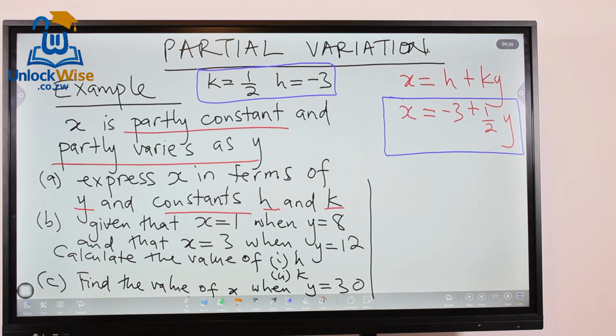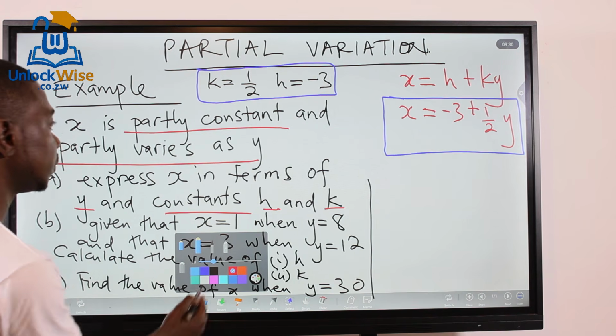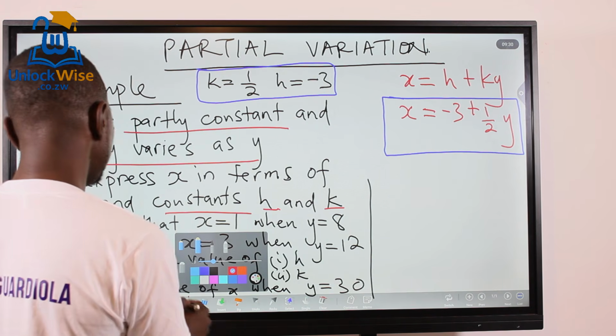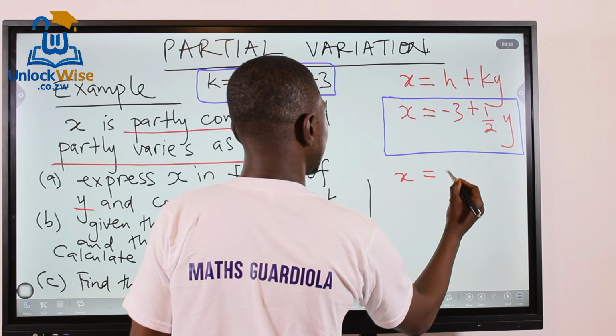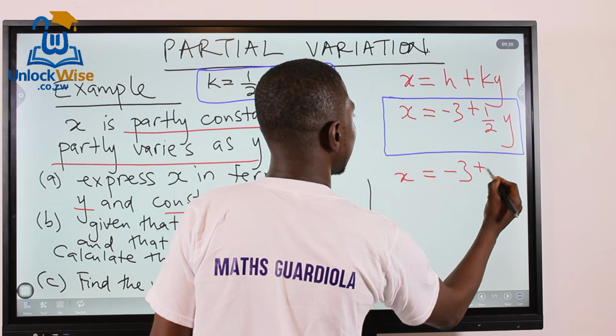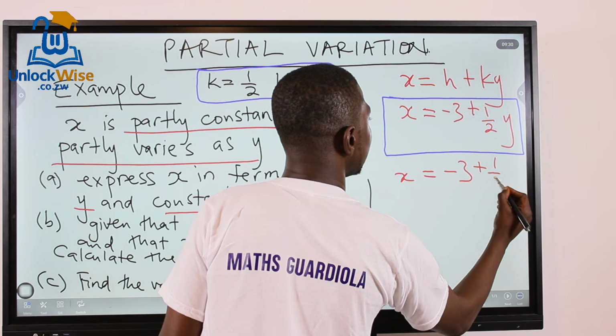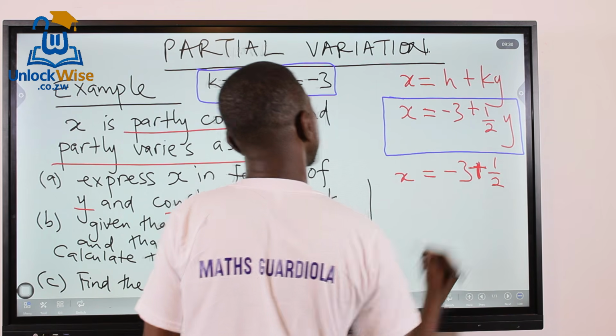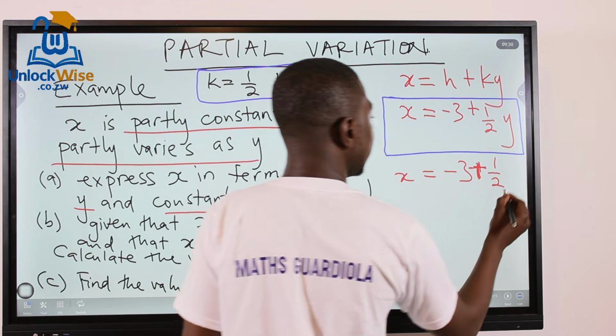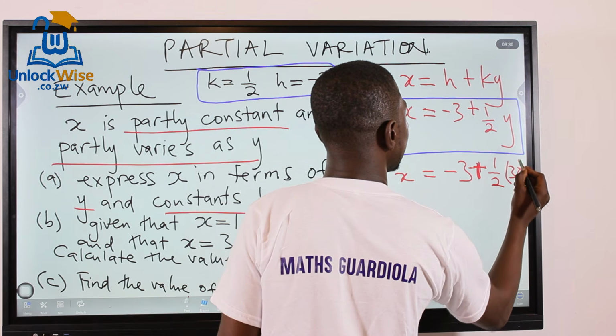We will find x is equal to minus 3 plus half of y, which is 30.